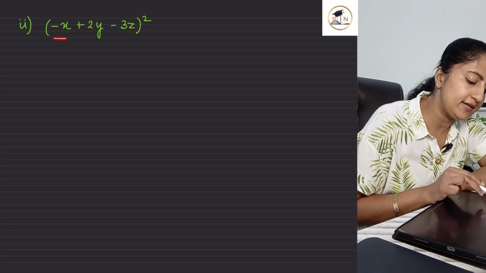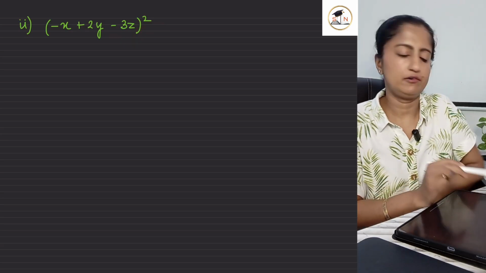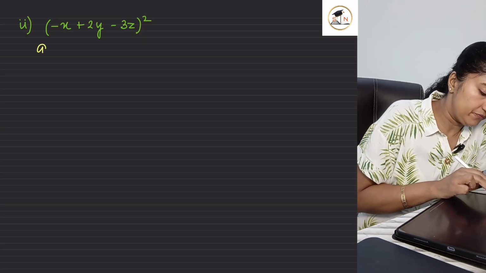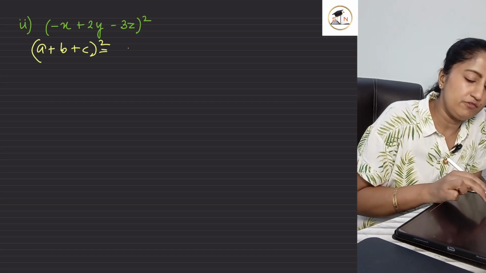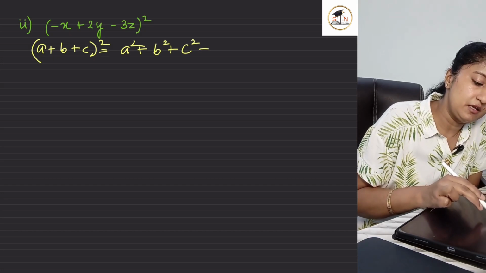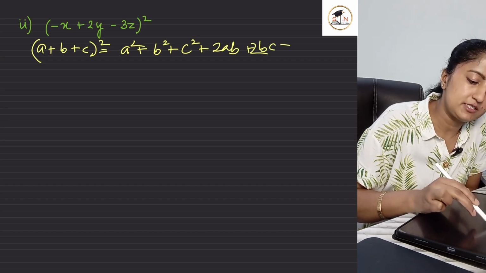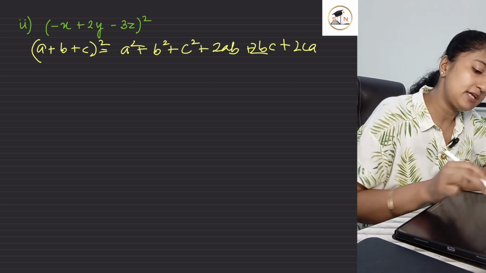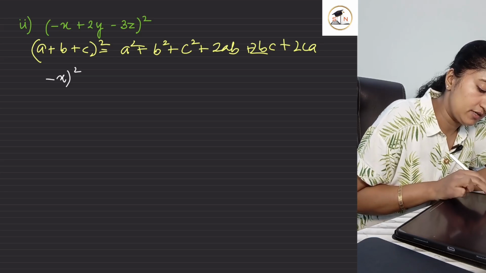So we have negative x plus 2y minus 3z whole square, right? So we are going to first write down the identity, which is a plus b plus c whole square equals a square plus b square plus c square plus 2ab plus 2bc, sorry, plus 2bc plus 2ca, right? Substituting the values now. So we get minus x whole square.